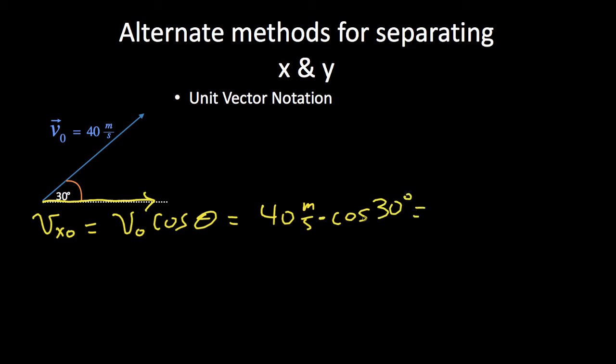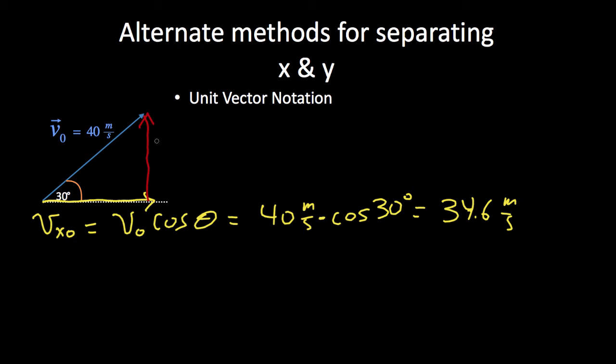And when you calculate that all out, this is 0.866. You get about 34.6 meters per second. So if you're going initially at 40 meters per second at angle 30 degrees, horizontally, initially, you're going at 34.6 meters per second in the horizontal direction. Now, let's figure out the vertical component of that. Here's the vertical component of that.